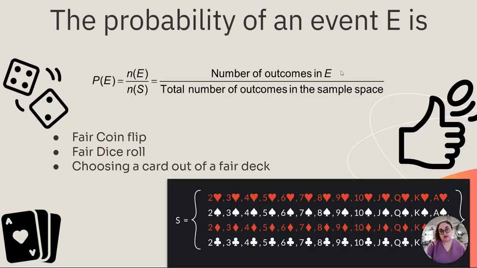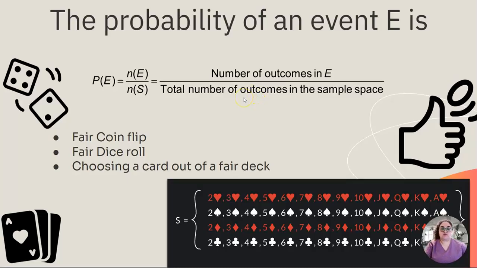My possible outcomes for rolling an even number are 2, 4, and 6. So I would have a 3 in the numerator. There are 3 possible even numbers. And the total number of outcomes in my sample space are the numbers 1 through 6. So it would be 3 out of 6. So the probability of rolling an even number is 1/2.